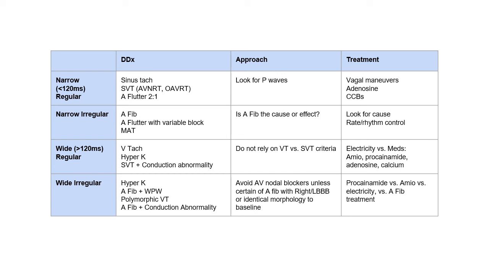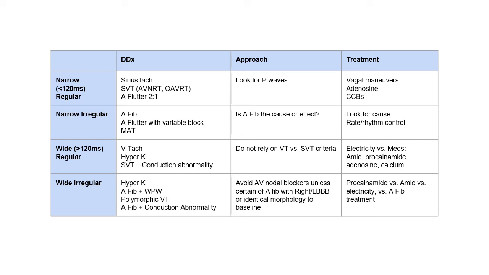And then you want to ask, hey, is the patient in AFib, is there a reason for them to be in AFib? Do they have a PE? Do they have something else to put them into AFib? Or is the AFib causing some kind of problem with the patient?